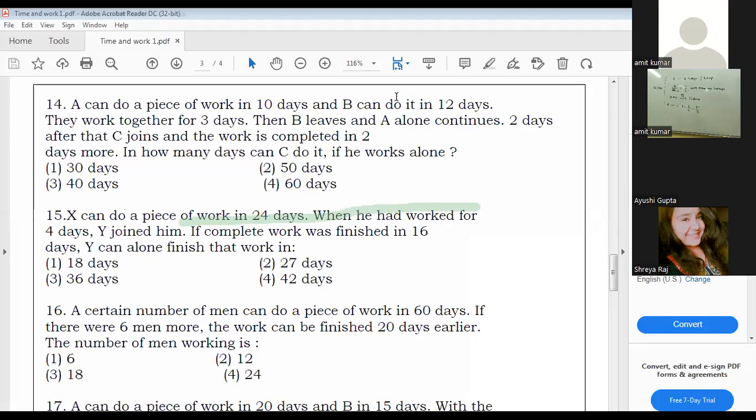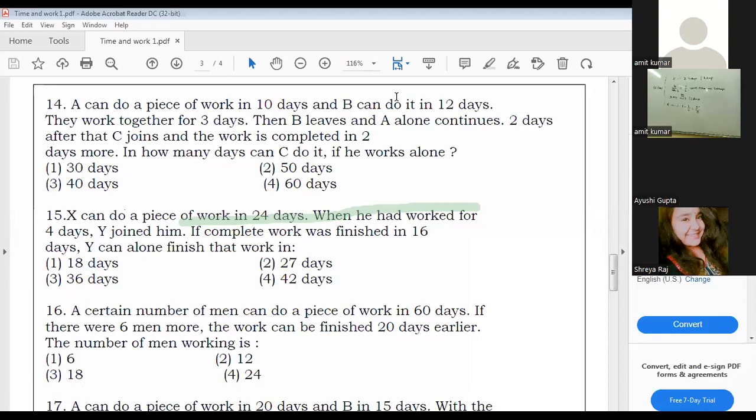And after that, the efficiency of X plus Y works out to 20/12 per day. 16 minus 4 gives 12 days, and 20/12 becomes 5/3, which is equal to 1 plus 2/3.